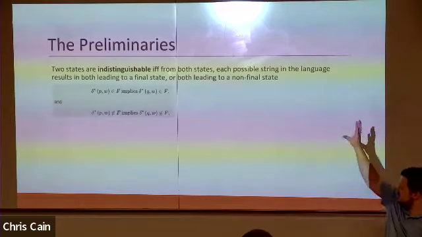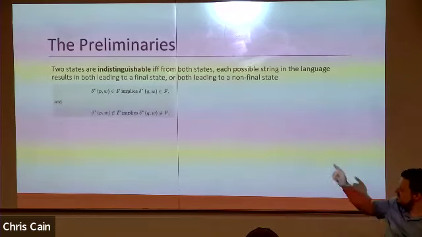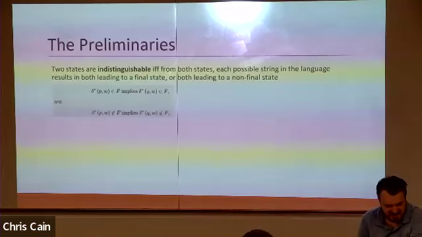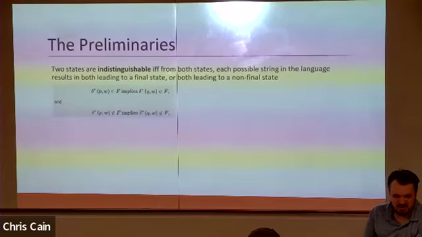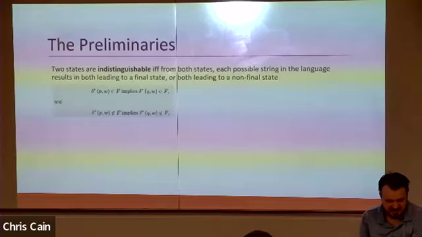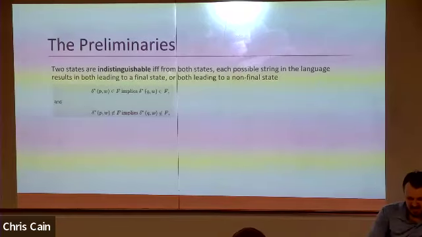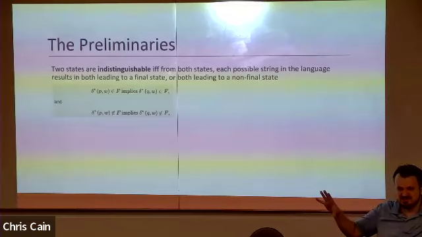So that's kind of the intuitive definition. So here is more of a mathematical definition. The transition, and it's the star closure of a transition, so zero or more transitions, from P consuming W is a subset of final, implies that, so P and Q are the two states.